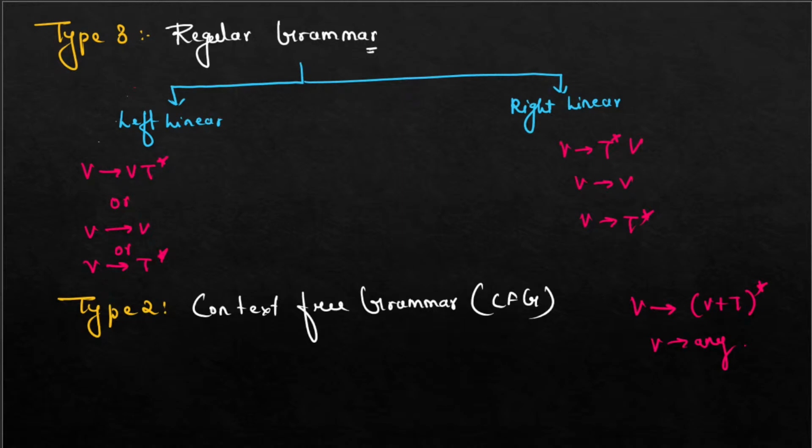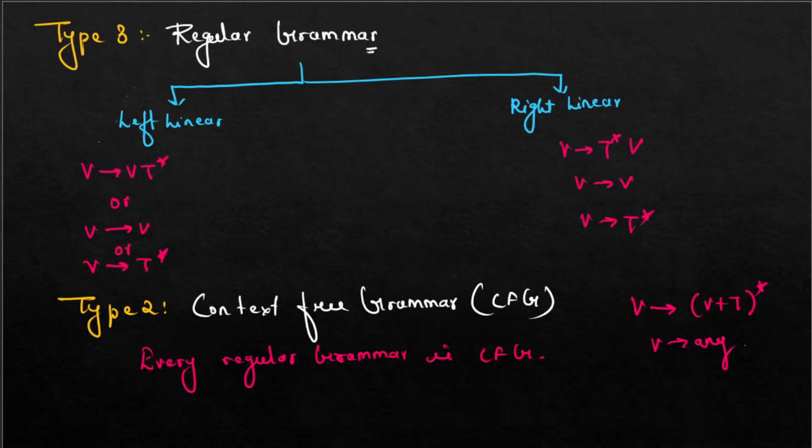You should note every regular grammar is CFG. Checking whether two context free grammars are equivalent is undecidable, but checking whether two regular grammars are equivalent is decidable. So you can note this point.